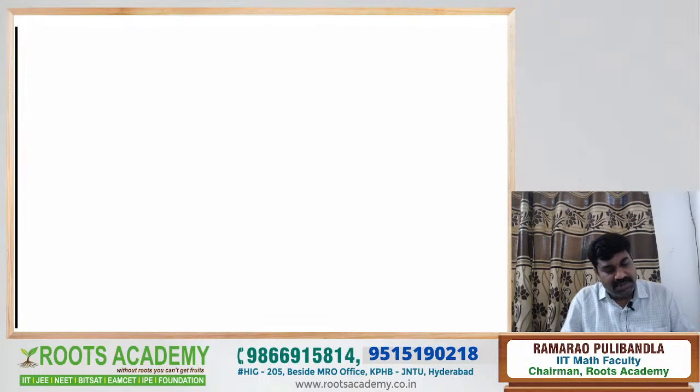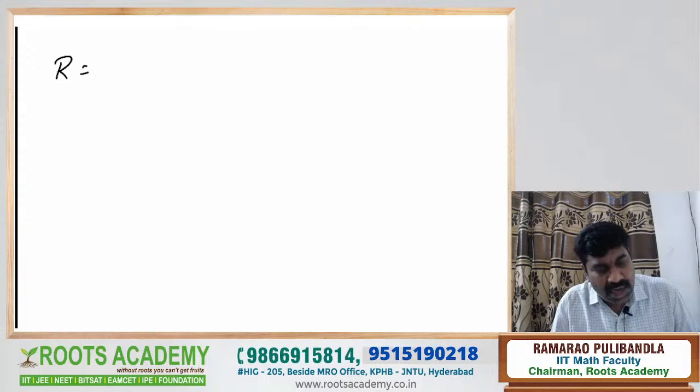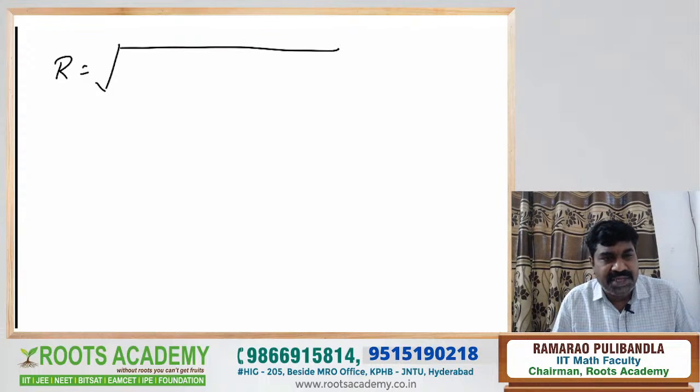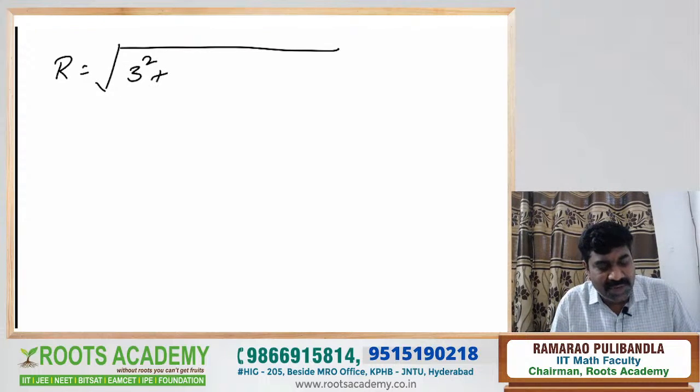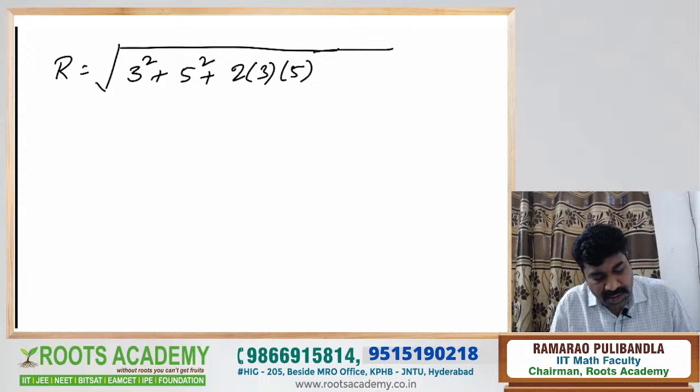So here R is equal to under root of 3 square plus 5 square plus 2 into 3 into 5 into cos 60 degrees.